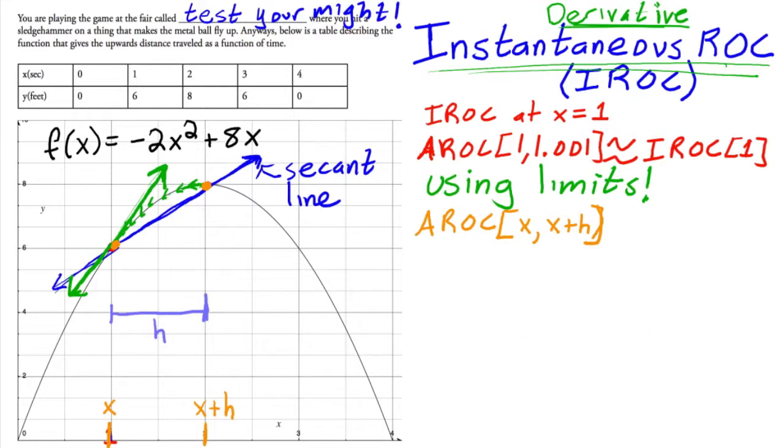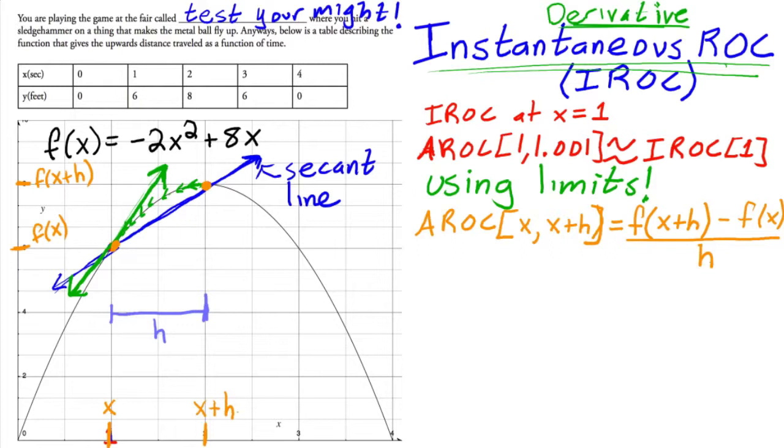So what this is equal to is f of x plus h, which is the y value right here, minus f of x, which is this guy right here, all over x plus h minus x, which is just equal to h.